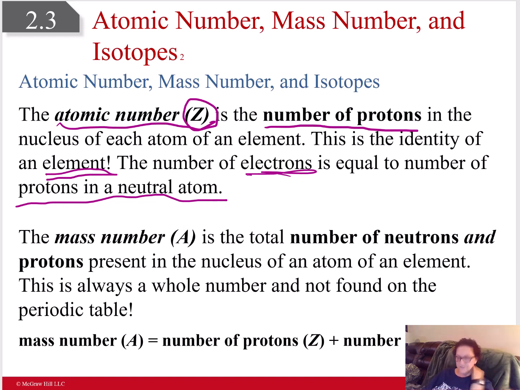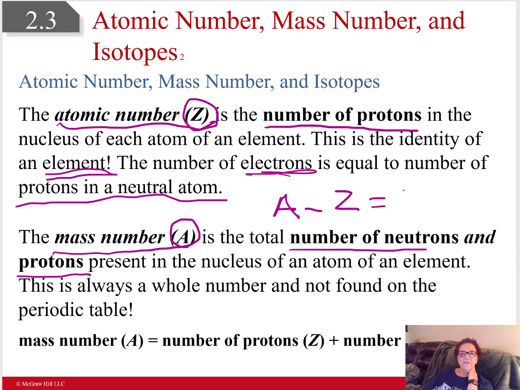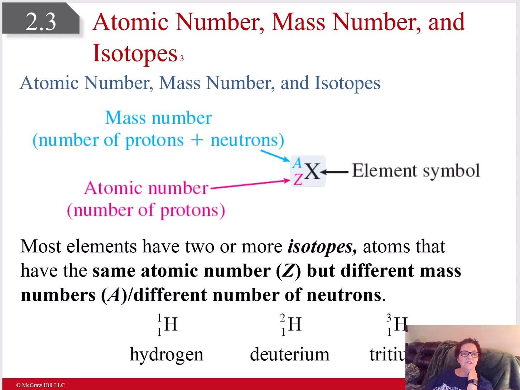The mass number, which is the last bit of information here, is the total number of neutrons and protons. So you can take the mass number minus the atomic number, and that'll give you the number of neutrons. I'm going to show you how we use that in the next couple of slides.